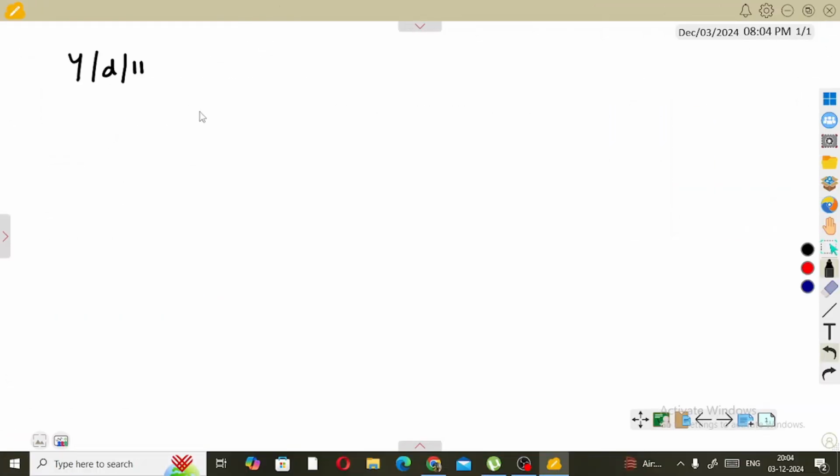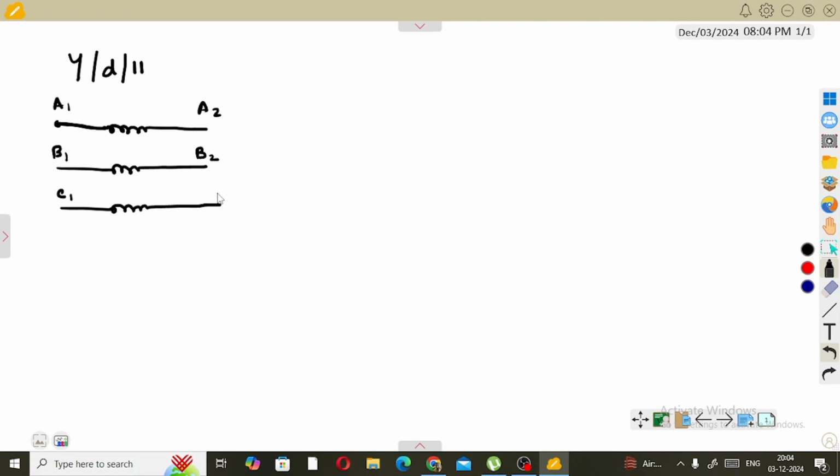So similarly, what we have done in Yd1, we'll draw the first wiring diagram. First, we'll draw the wiring diagram of the primary side. And as I discussed in the class, I will name this one A1, A2, B1, B2, C1, and C2.